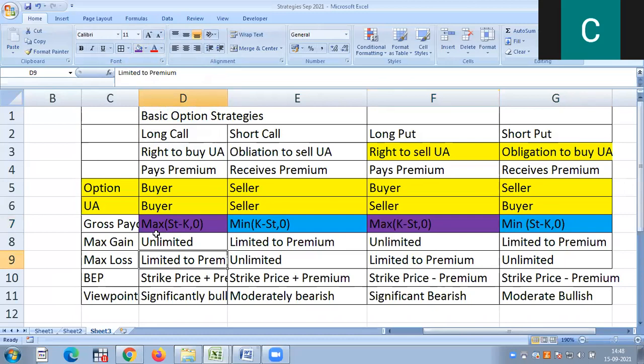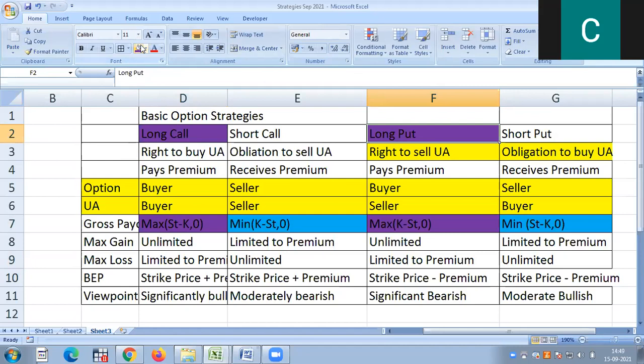If you understand this basic concept, it is more than sufficient. Whenever you take a long position in options, either long call or long put, you have paid premium, so you have acquired the right, and you have maximum payoff: unlimited gains and limited losses.